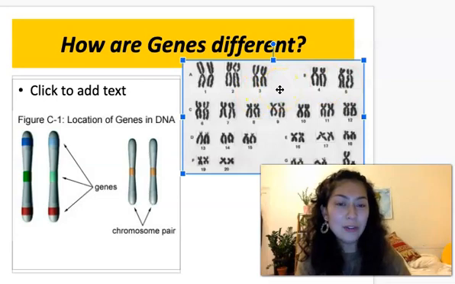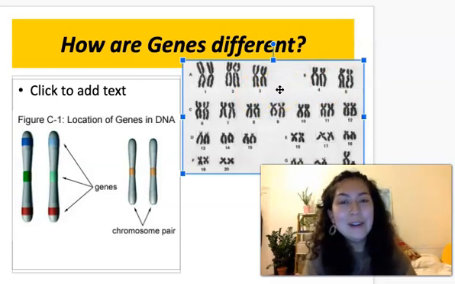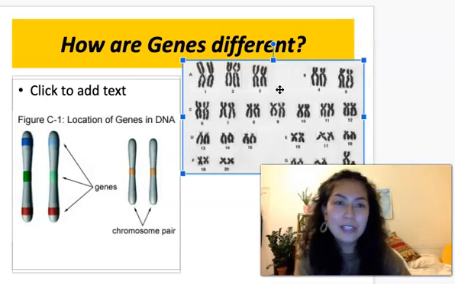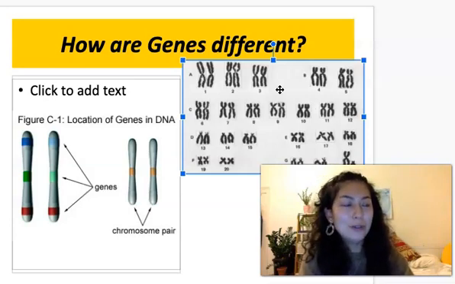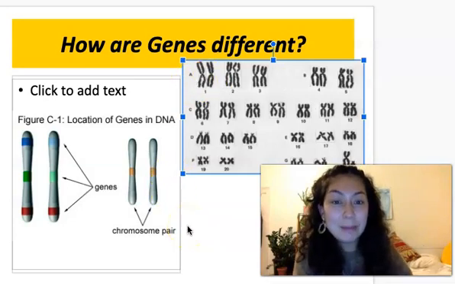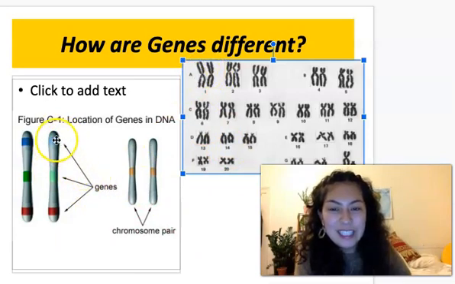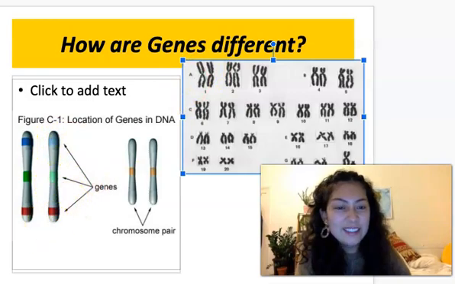They might code for production of cytokinin A, or production of keratin, or for digestion or something like that. If we look at one of these chromosomes here, each little section there is a gene.